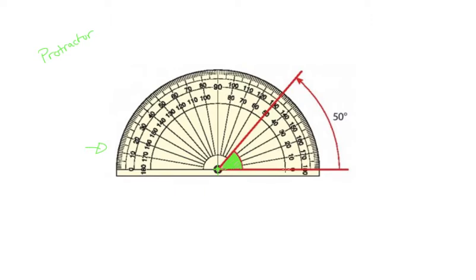Once that is lined up, and you have your corner perfectly in the crosshairs, then you follow this line here up, and you can see it passes through the 50, and that's how we know that it is 50 degrees.